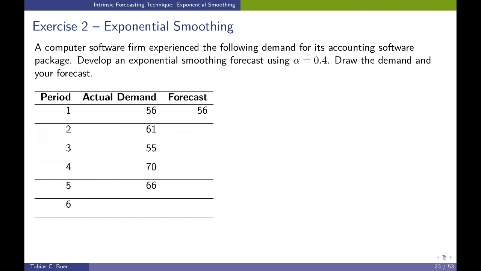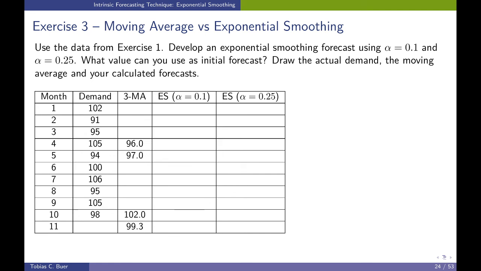I brought you 2 more exercises on exponential smoothing, and I would like you to try to solve these exercises for yourself first and try to apply these methods, and then we will later have a live session where we solve the exercises together. For exercise number 3, we now include the moving average and compare it to 2 different exponential smoothings.